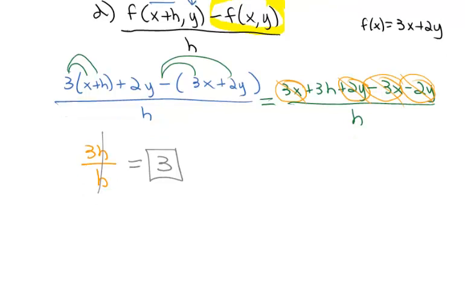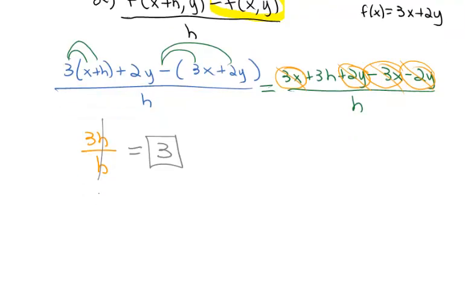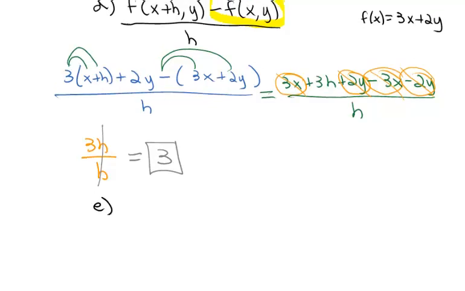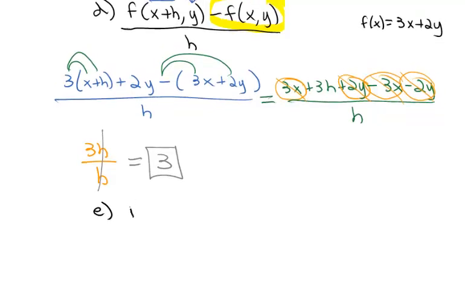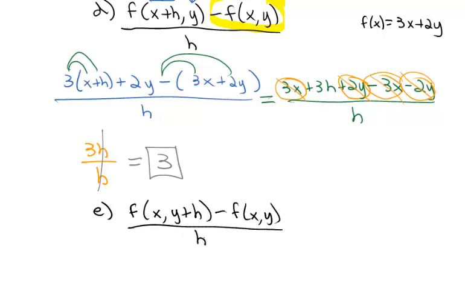What if we did it the other way? What if instead we did f of x comma y plus h minus the f of x comma y all over h? What's this going to be? Well, again, I'll copy the function down just so that I can have it on my screen. F of x is 3x plus 2y.